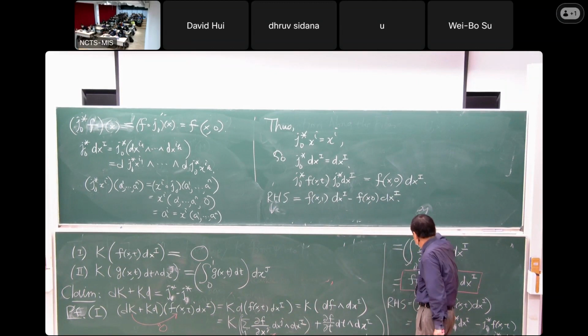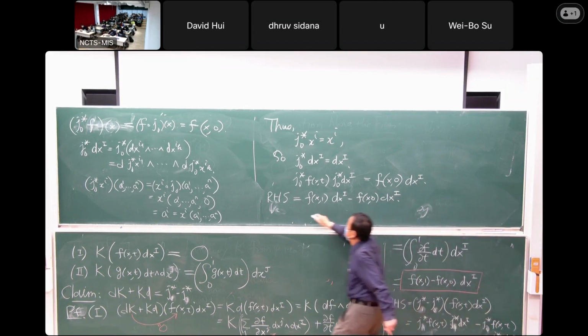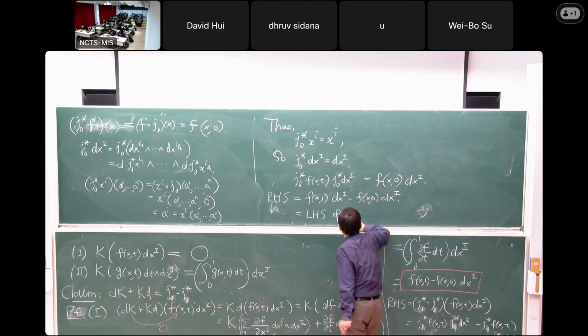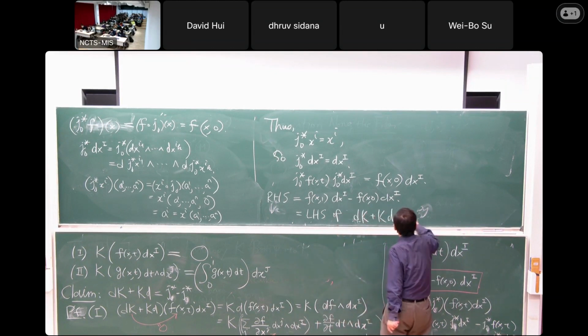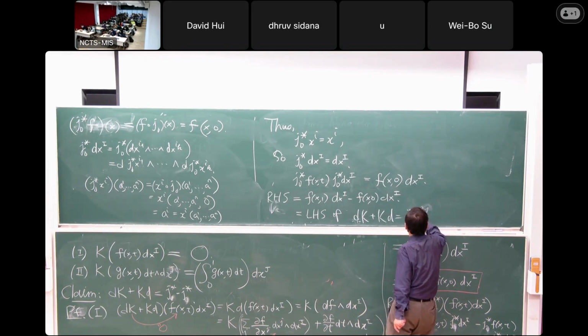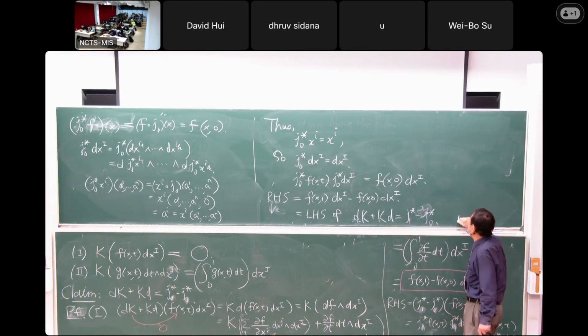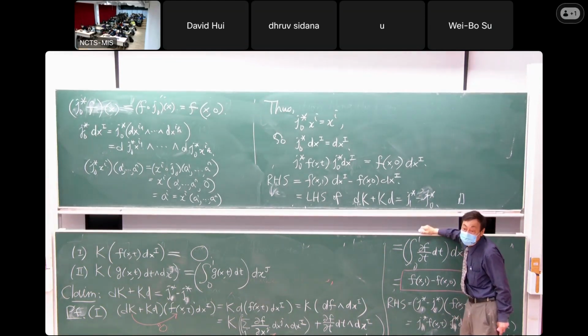And then it's here. It's the same as the left-hand side of dk plus kd is equal to J1 star minus J0 star. So that proves that we have a cochain homotopy on a chart.